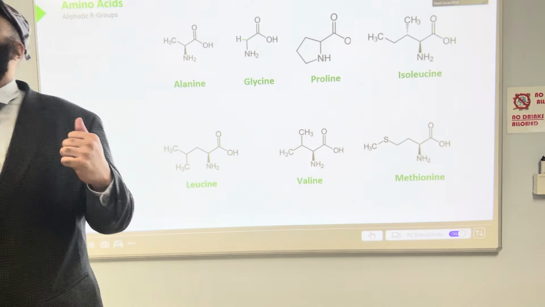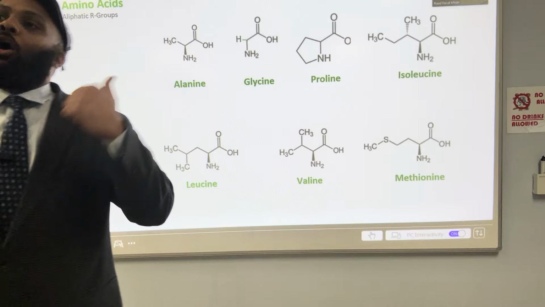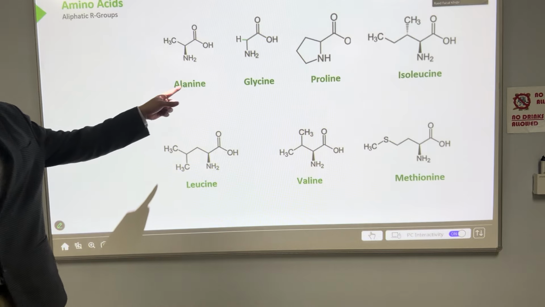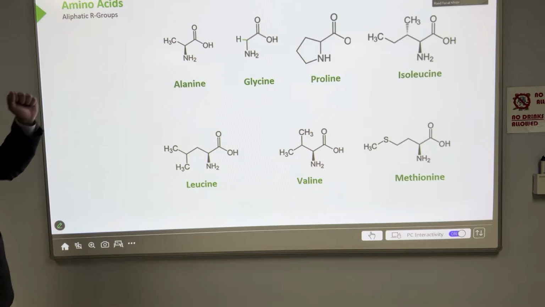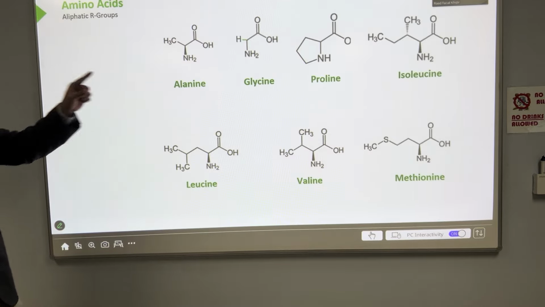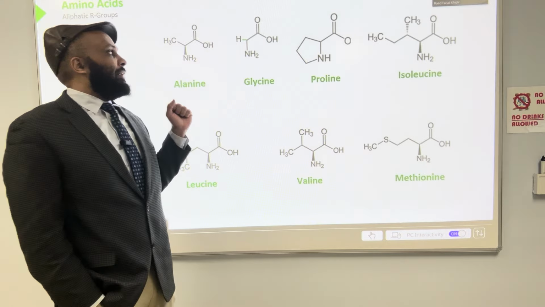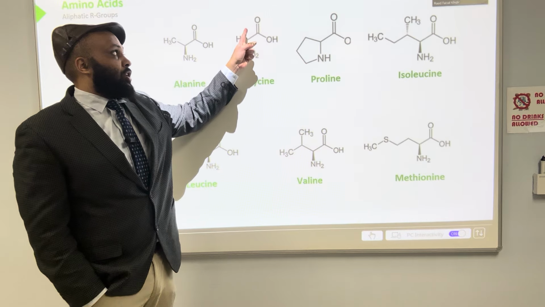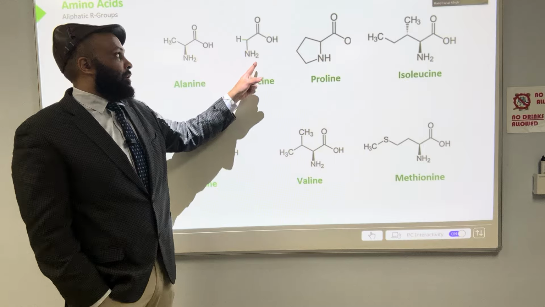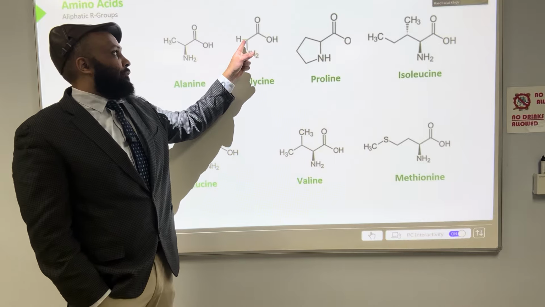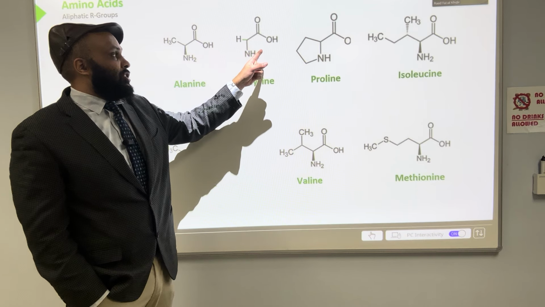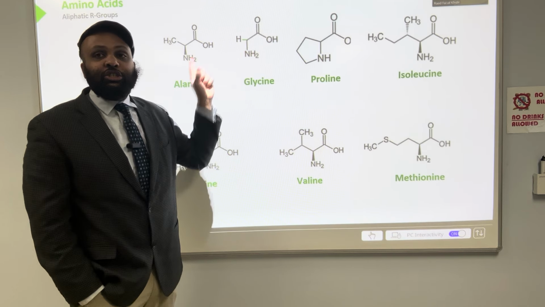Well, one amino acid has an R group which is a hydrogen, like our friend glycine. If you look at glycine, where is the alpha carbon? It wouldn't be this one because that's the carboxylic terminal. That's the amino terminal. That's the alpha carbon, and it is now connected to a hydrogen substituent and a hydrogen R group.